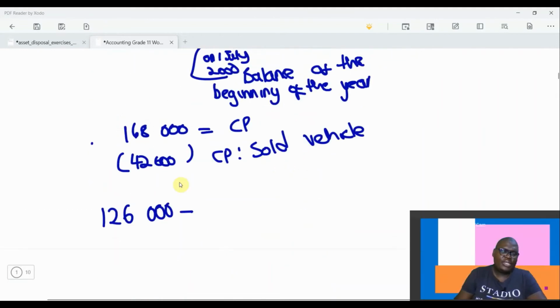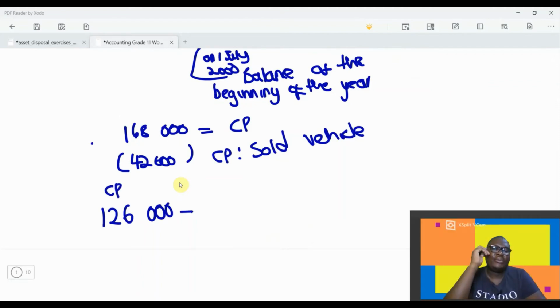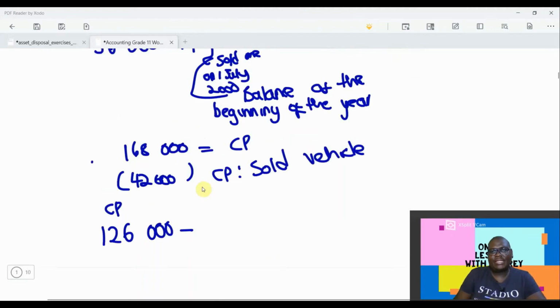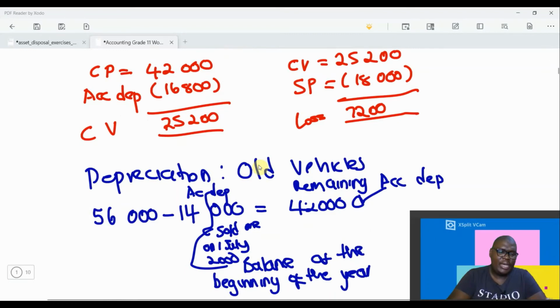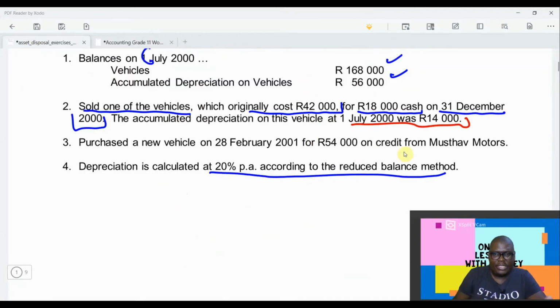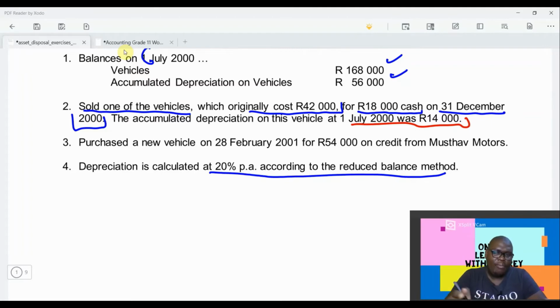So 126,000 here now represents our cost price of remaining vehicles before we consider the one that was bought. So 126,000 minus the accumulated depreciation of 56,000 minus I think it's 14,000. Unfortunately, I can't take out that part where I made an error, but I think you should be able to see that I corrected that.